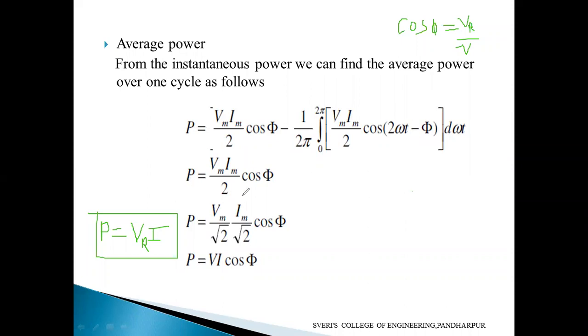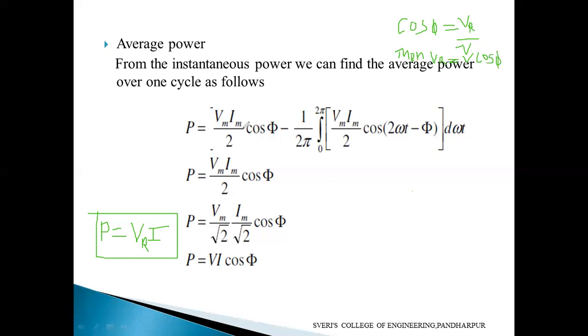Next line. From the phasor diagram, we know cos phi equal to VR by V. Write this: cos phi equal to VR by V. Then VR equal to V cos phi.